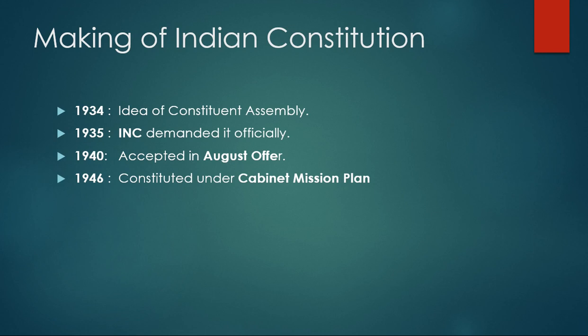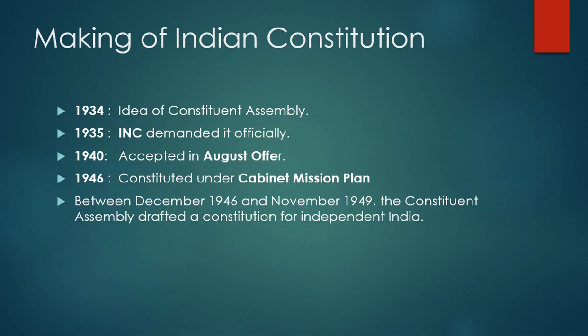From December 1946 till November 1949, the Constituent Assembly drafted a constitution for independent India.